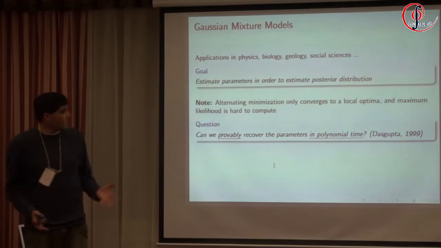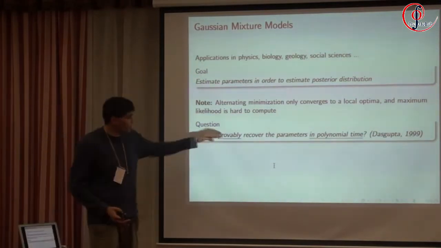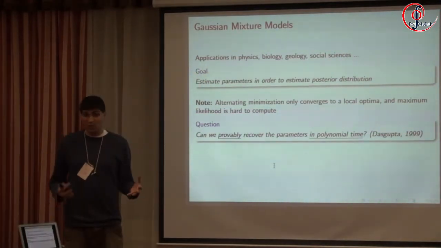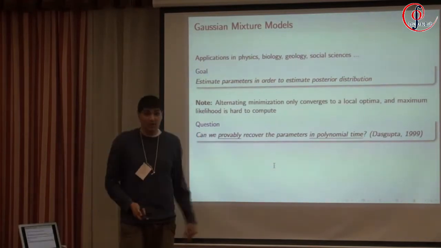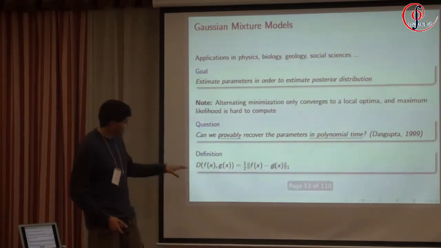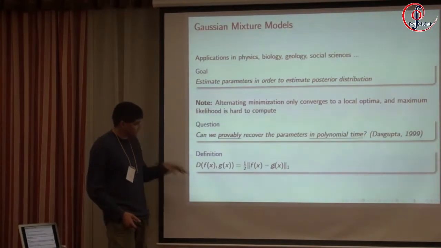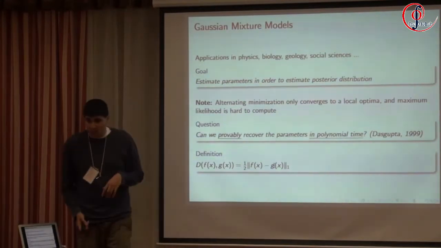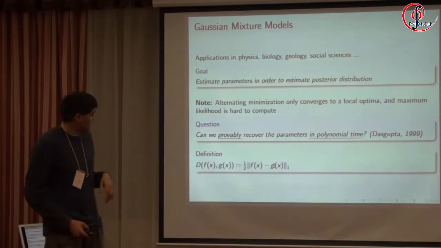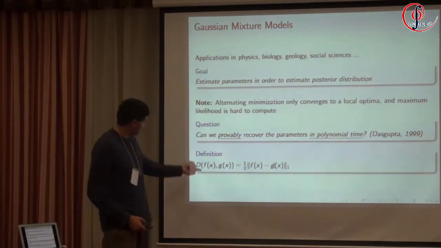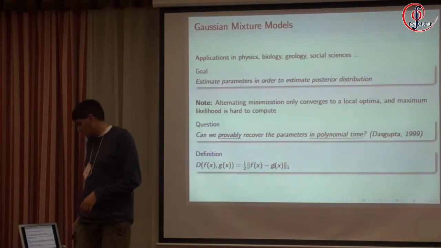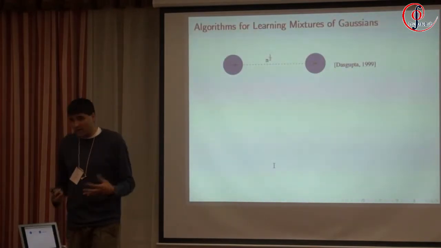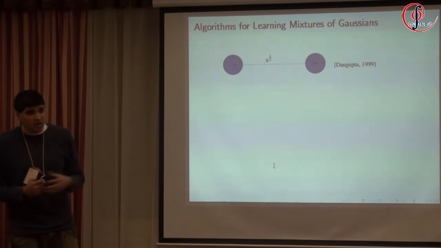But instead, what we'll ask is, can we provably recover the underlying parameters, and can we do so with an efficient algorithm, one that runs in polynomial time? And so just to set up some of the past history of this work, this is a question that's been adopted within theoretical computer science. So just as a notational convenience, I'll use D to denote the statistical distance between two distributions. And a lot of the classic work on this problem is actually based on clustering.